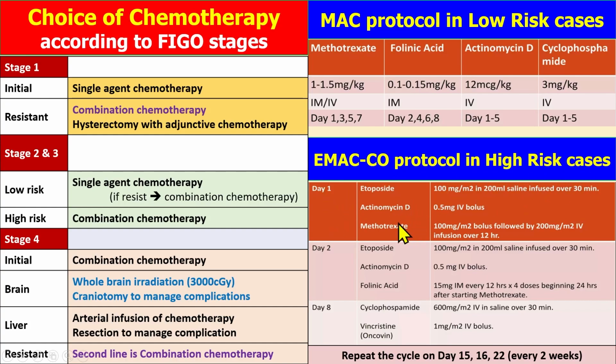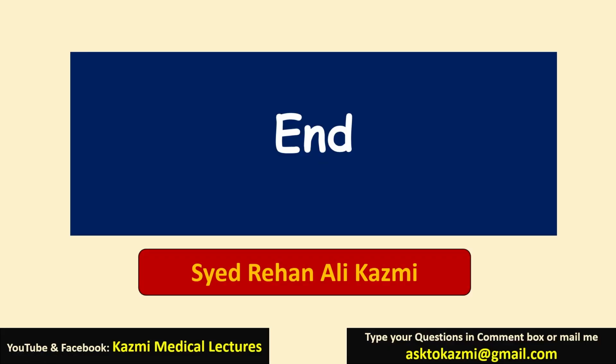On day 1, this dosage, day 2 this, and day 8 this. Days 3, 4, 5, 6, no dose. At day 8 you give, and also repeat this cycle on days 15, 16, and 22, every 2 weeks. So this is followed. So this is all about the GTD. Thank you very much. Allah Hafiz.